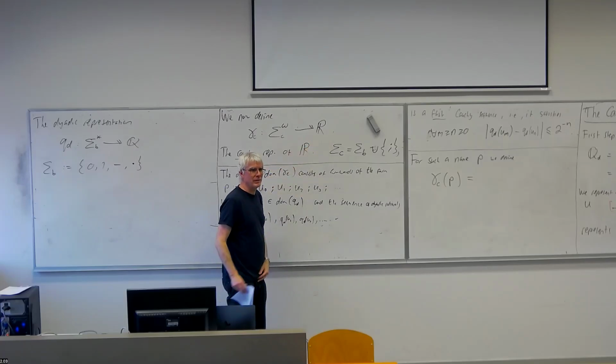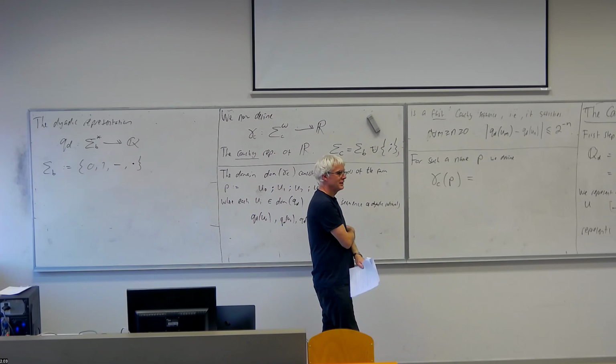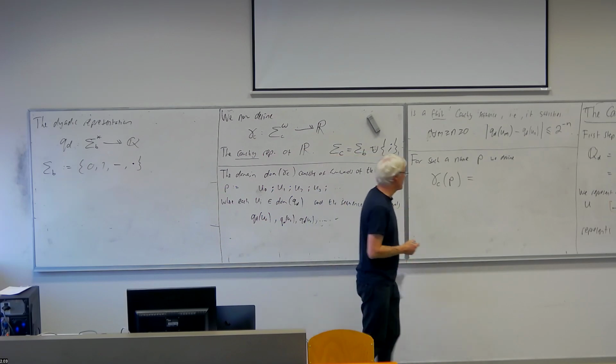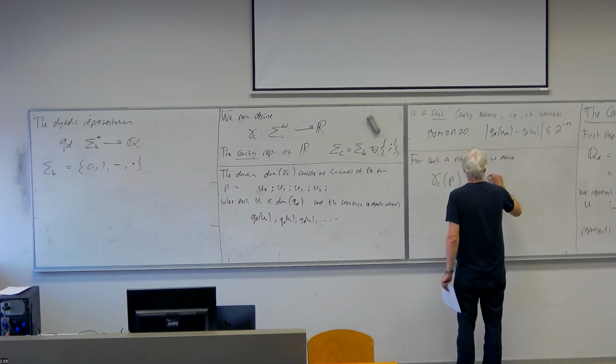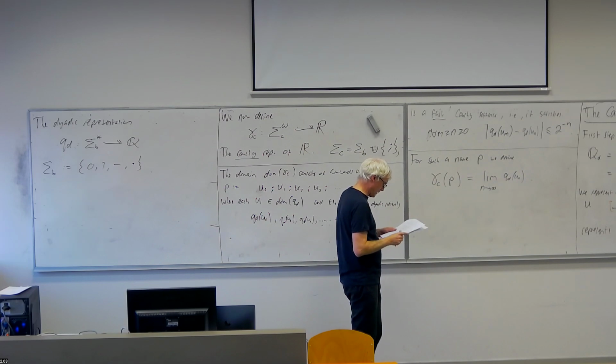So could somebody tell me what is the real value that we want to give to P? The limit of the Cauchy sequence. Yeah, very good. So the limit as n tends to infinity of QD of un, the dyadic rational represented by un.